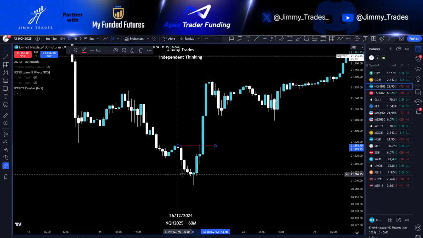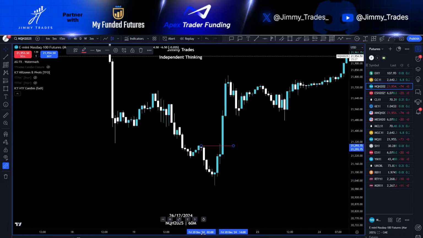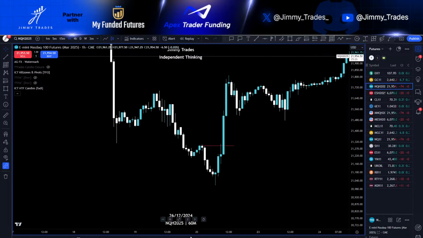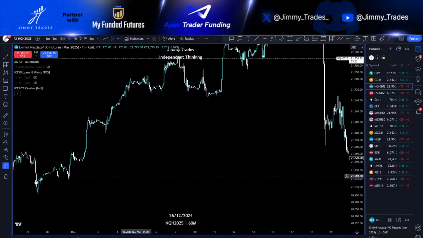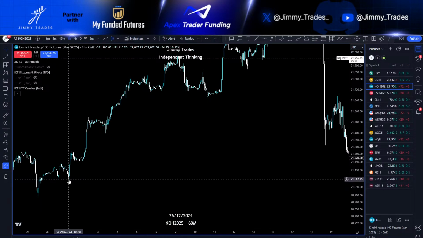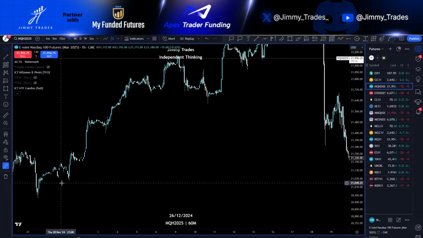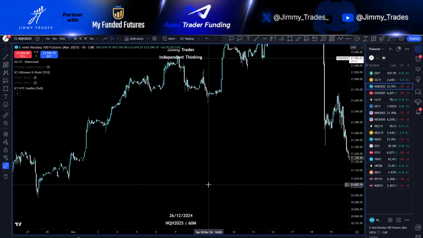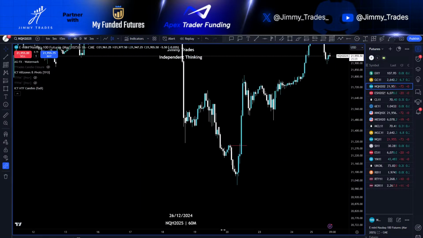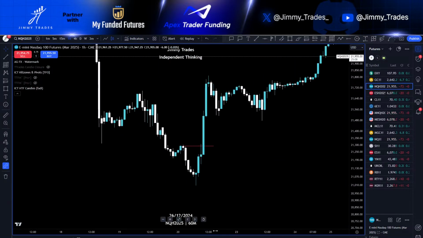Right here, you basically have a leg that sweeps liquidity into an important level. So over here we have, say, a previous day low, for example. This was Friday the 29th of November, so we swept an important level, and that's generally what I'm looking for.